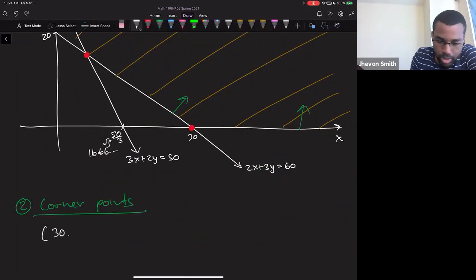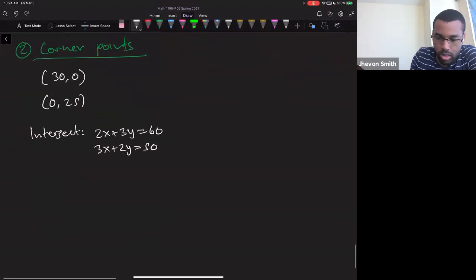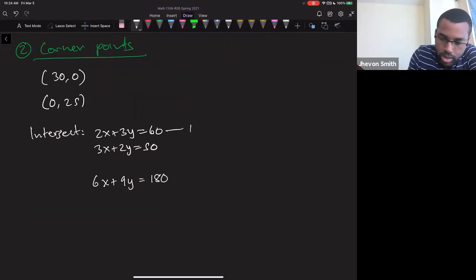So 2 corner points: one is 30, 0, and another is 0, 25. For the third one, I'm going to intersect these 2 lines. So this is 6x plus 9y equals 180. This is equation 1, that's equation 2. What I just did is I took equation 1 times 3.